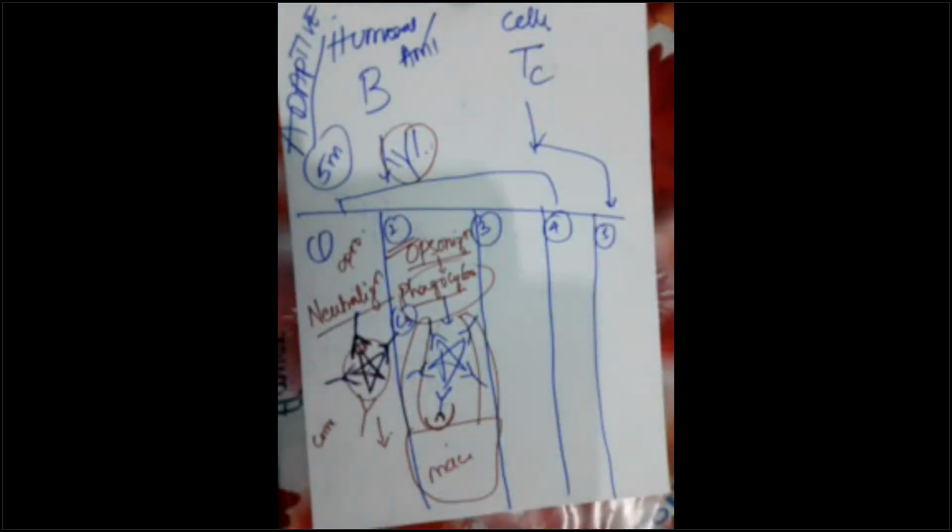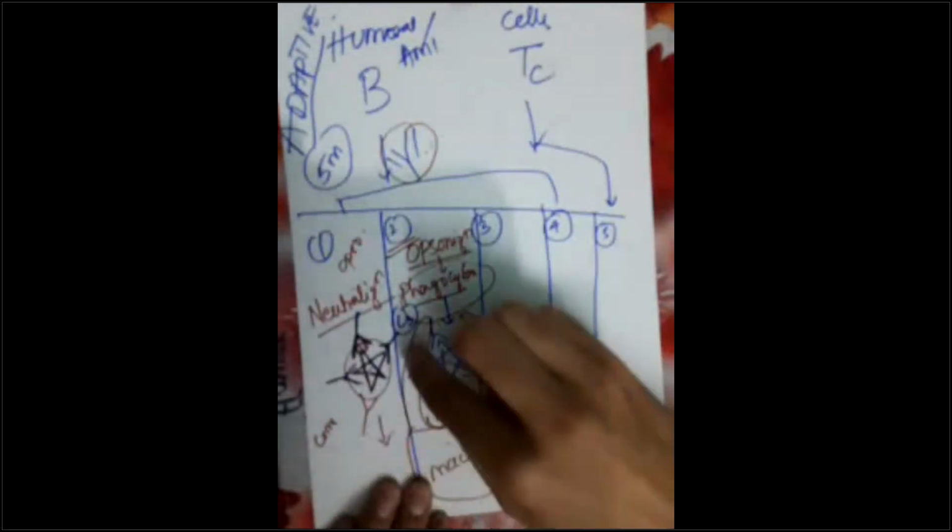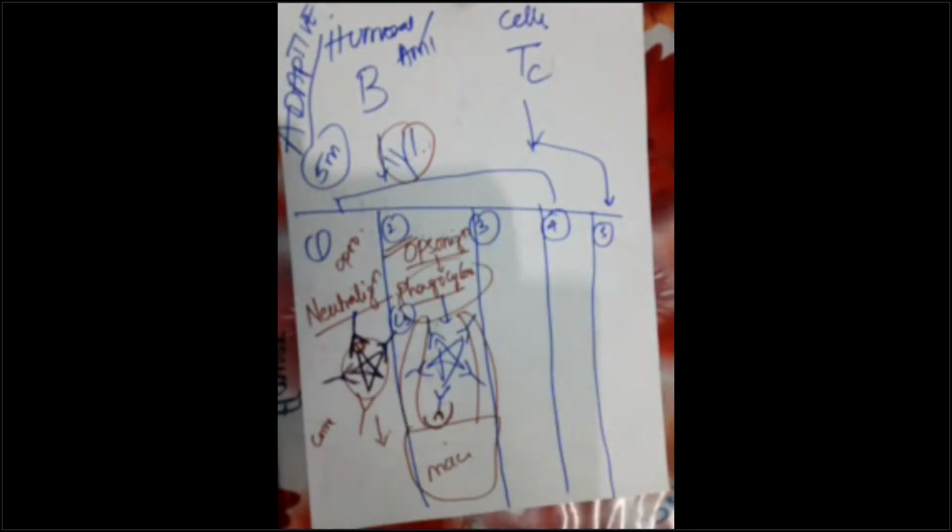What is neutralization and what is the difference between opsonization and neutralization? After opsonization the antigen will be neutralized, but to remove it, after neutralization it has to undergo phagocytosis. I hope this is clear. Opsonization is nothing but making the antigen, the bacteria or whatever microorganism, tasty.